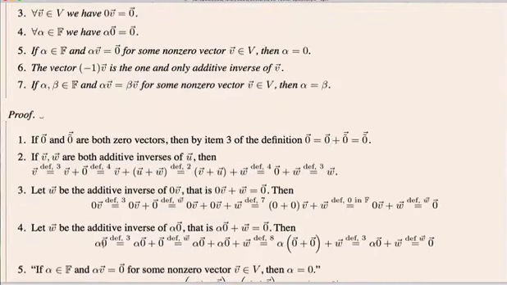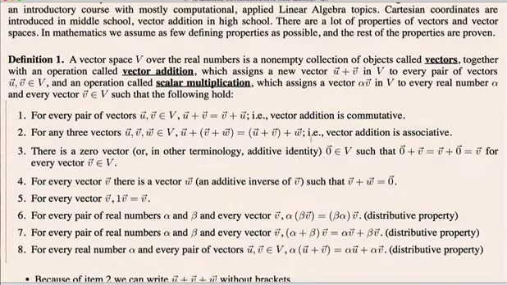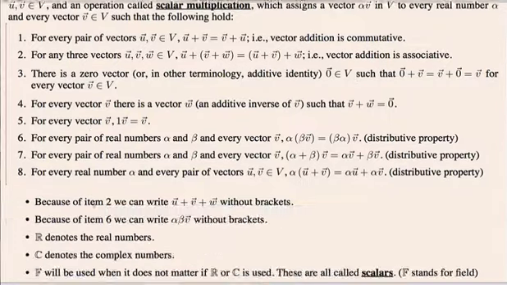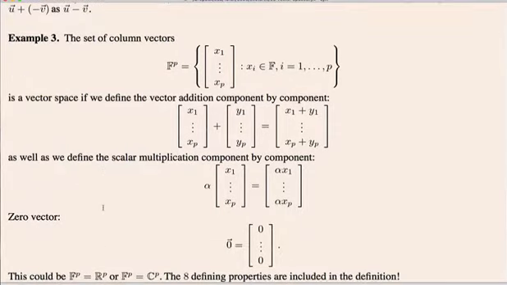Let me remind you that in the definition of a vector space, it says that we have to have a 0 vector with this property. So in this example, the 0 vector will be the vector with all 0 components. So these are scalar zeros in the components.